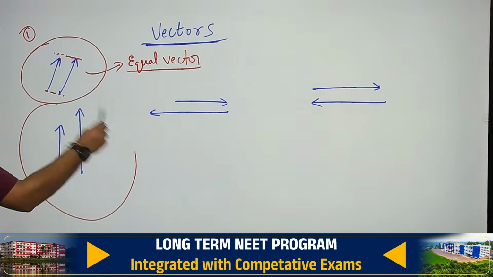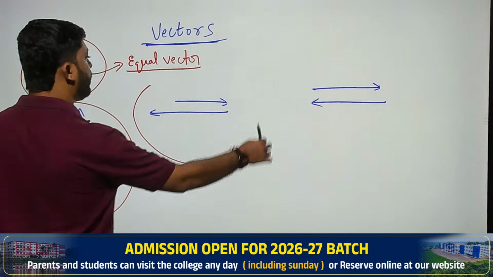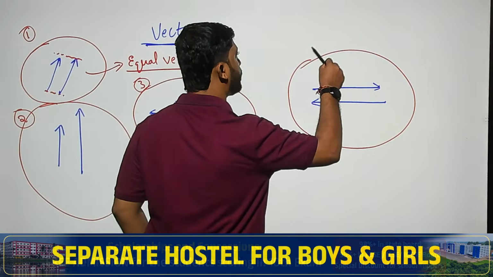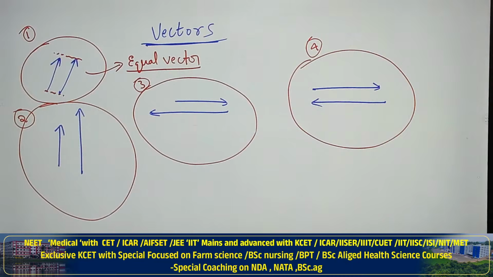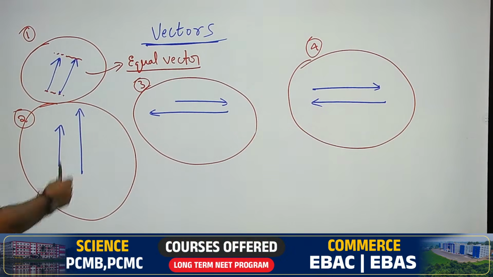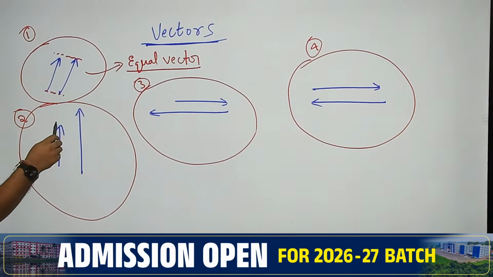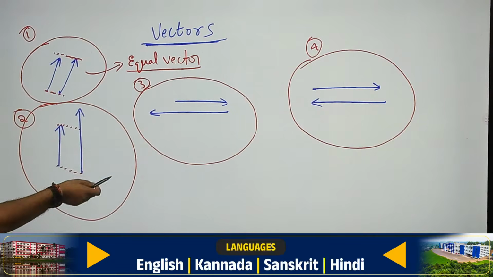And what about the second one? And the third one? And the fourth one? The first one is an equal vector. In the second one, the direction is the same, but the magnitude is not the same.